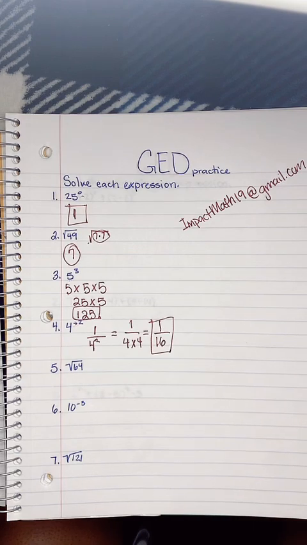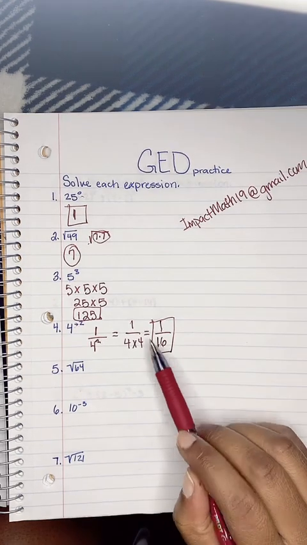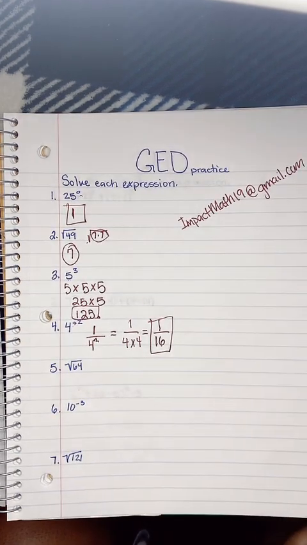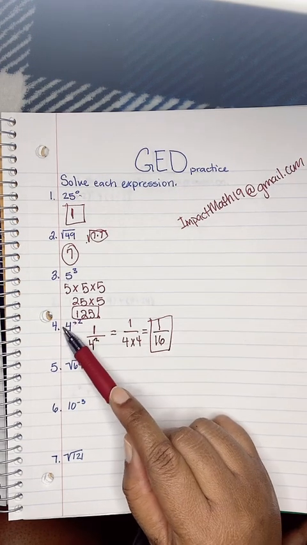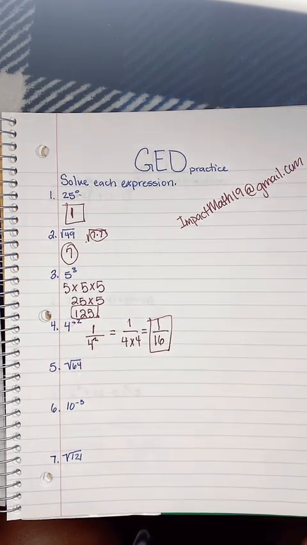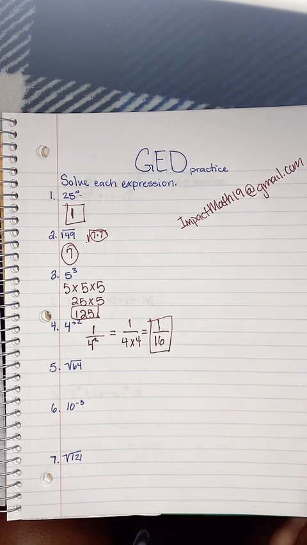And that is our answer. Yes, it's got to be positive, not negative. The only time it could be negative is if you have a negative on the outside here. So wonderful, you guys. Good. All right. Number 5, what's the square root of 64?